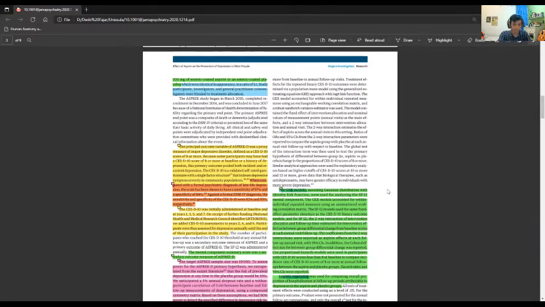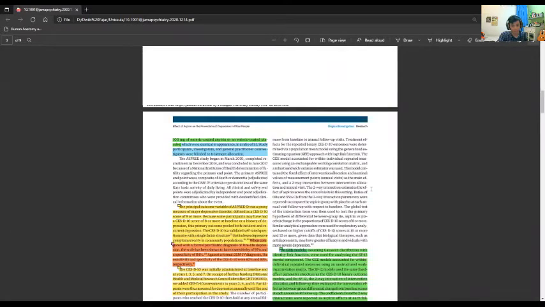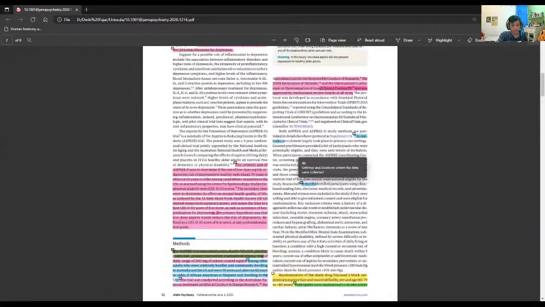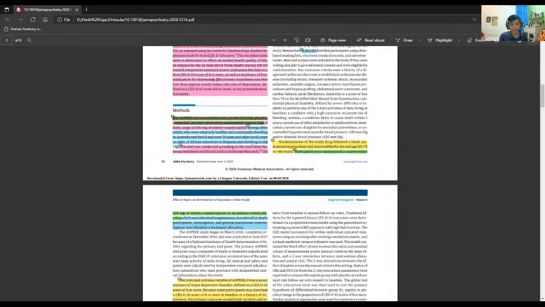Okay. So we move to point 4. Point 4 is participants. There is 4A and 4B. For 4A, it's eligibility criteria for participants.